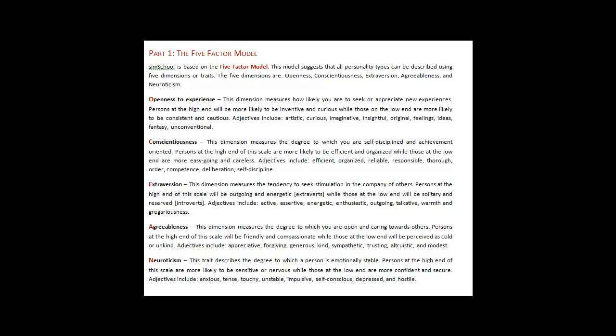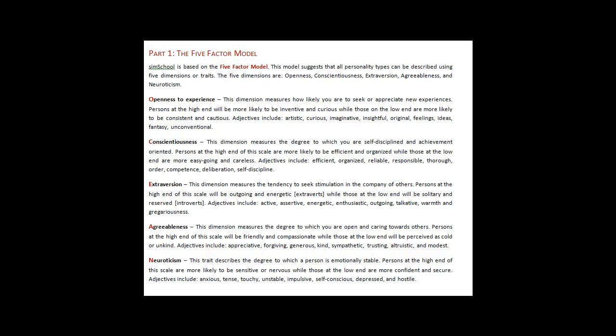So a person at the high end of the extroversion scale is going to be outgoing and energetic. The person at the low end is going to be solitary and reserved. It doesn't mean necessarily that they're going to fear speaking. It just means that they'd rather be left alone. Adjectives for a person high on the extroversion scale would be active, assertive, energetic, enthusiastic, outgoing, talkative, warm, and gregarious.